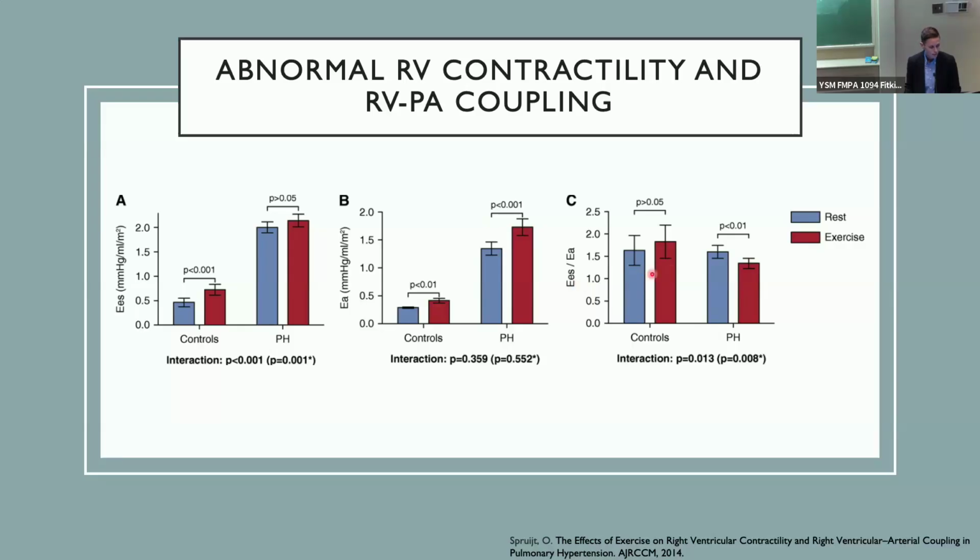In controls, coupling is preserved because contractility can increase in proportion to afterload. In PH, the lack of further contractile augmentation means that the ratio falls, representing uncoupling. This uncoupling helps to explain the exercise limitation in pulmonary hypertension. The RV, again, is maximally stimulated and can't mount the additional response needed to meet the rising afterload that exercise demands.